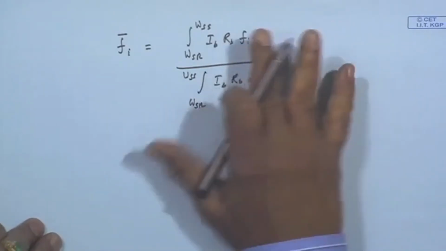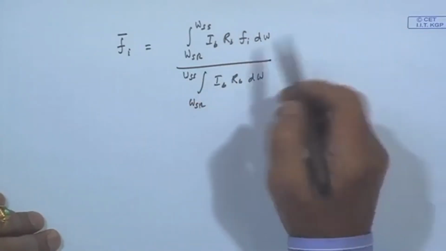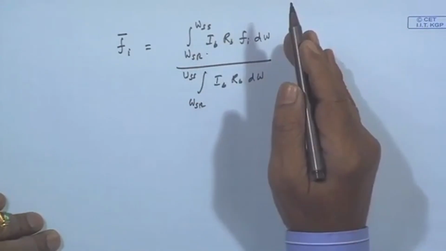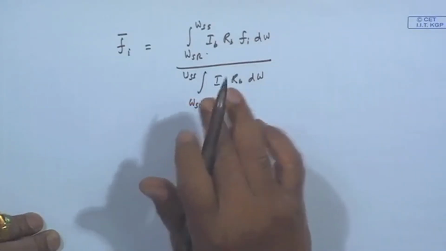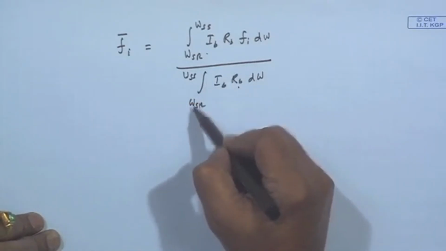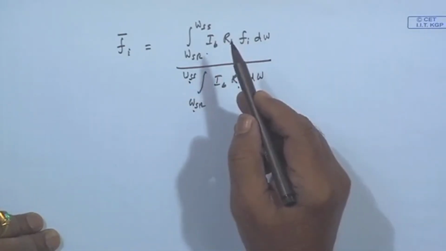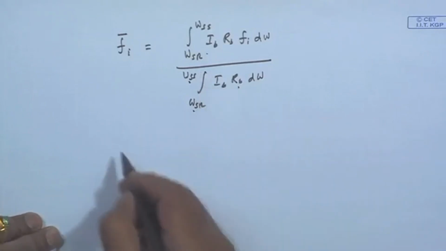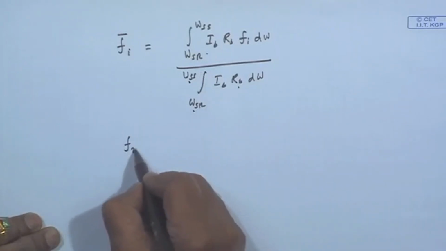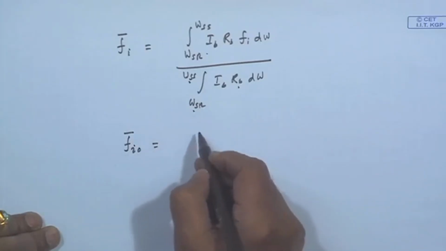It is exactly the, if I say Fi is equal to 1, it becomes your IB RB in defining RB bar, except I remove RB also in the denominator. So, since RB is there, I have put omega SR to omega SS, whereas in the definition of RB bar, you may recall the denominator is from sunrise to sunset. And this can be more easily calculated under extraterrestrial conditions like we have done for RB bar.